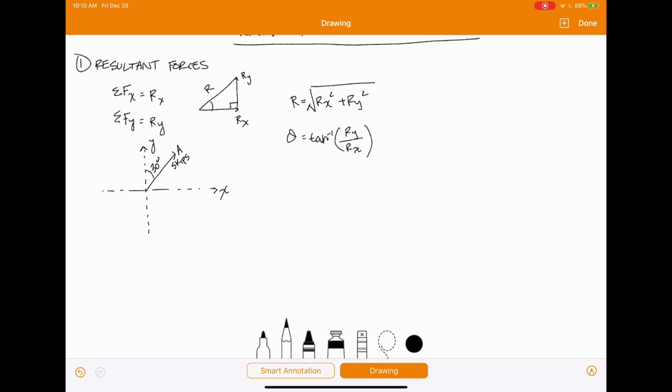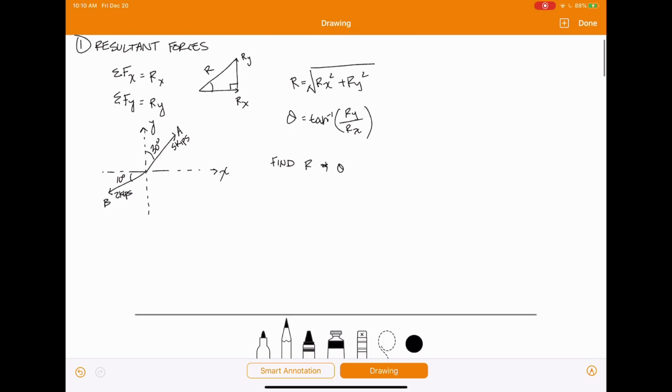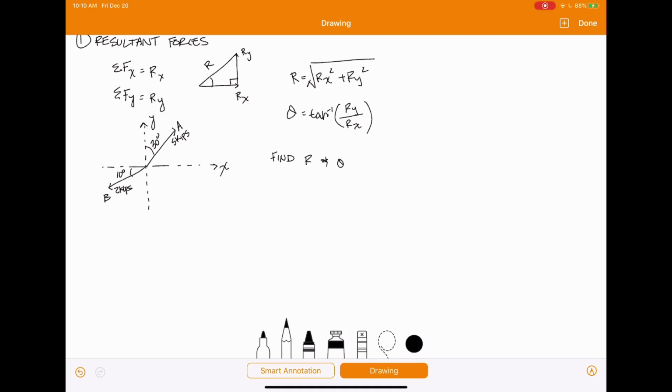And we also have this force B at an angle 10 degrees from the negative x-axis and has a magnitude of 2 kips. And we want to find the resultant force and its direction, theta.